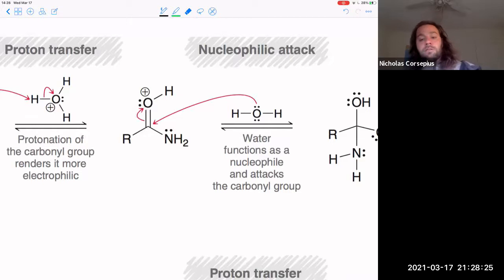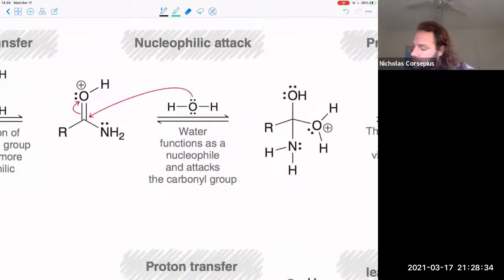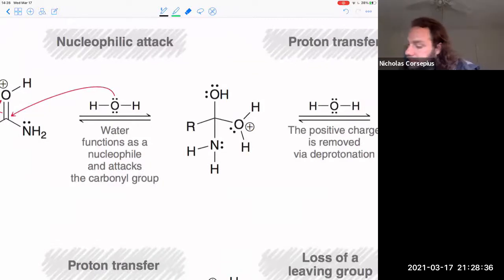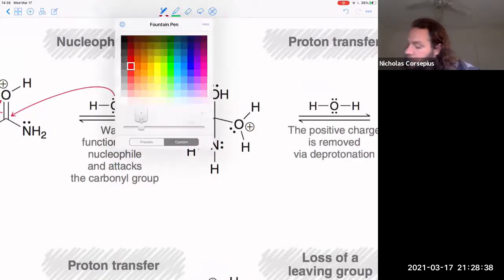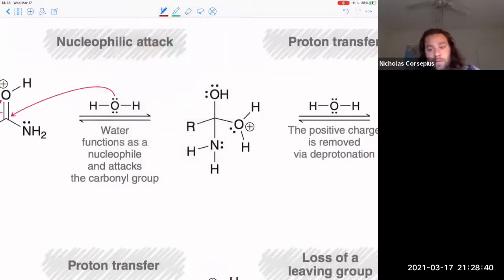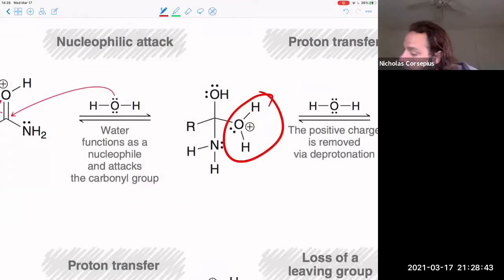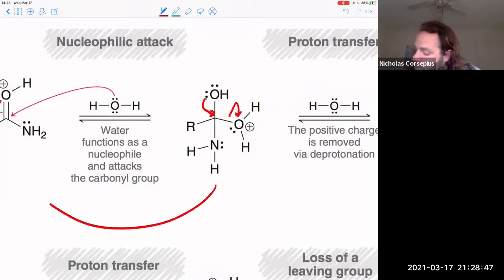That has to bump that pair of electrons up though, because you can't have more than 4 bonds for carbon. So now we get to this point here, our tetrahedral intermediate. And if we ask ourselves, do we have a good leaving group? The answer is yes, it would be this water here. But if this comes back down and kicks that off, we just take ourselves back one step, right?